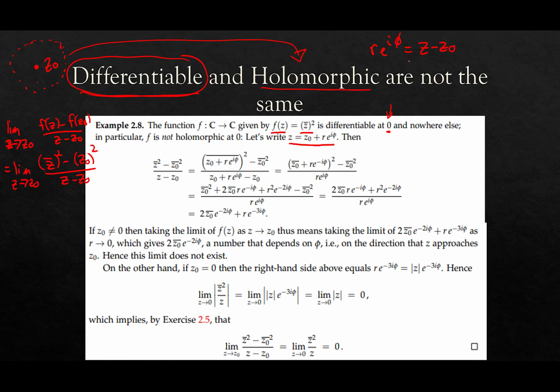So if you take z, you can write it as z equal to z naught plus z minus z naught. Then the z naughts cancel out, so you do get z back. And then they're substituting for this r e to the i phi. So it's a little algebra trick there.